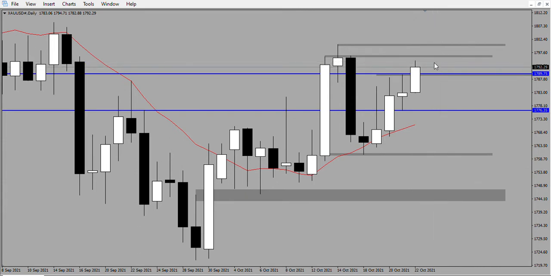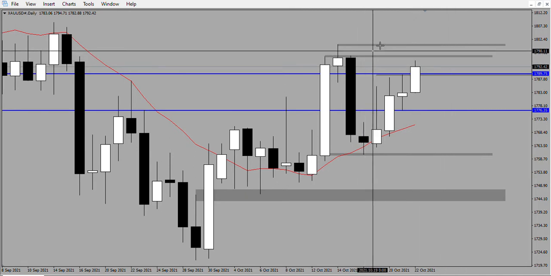So currently we're trading above yesterday's highs. We broke yesterday's levels, which was key for us as day traders. And we are currently approaching a significant area of resistance, which is a supply zone of some sort.